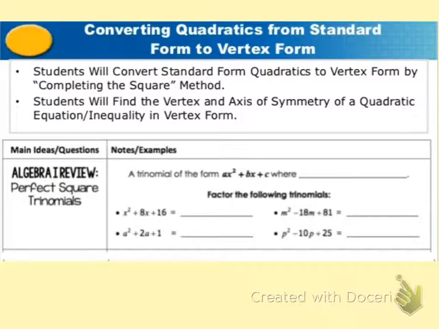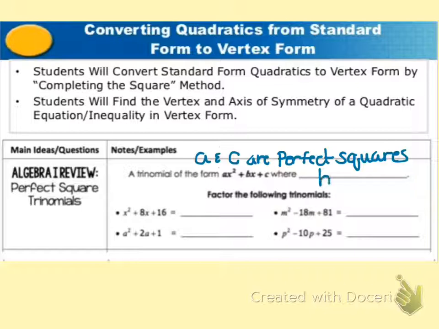So we know that A and C are perfect squares. And the other thing is that B is equal to 2 times the product of the square root of A times the square root of C.